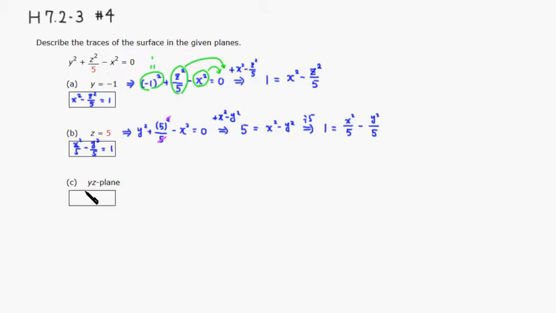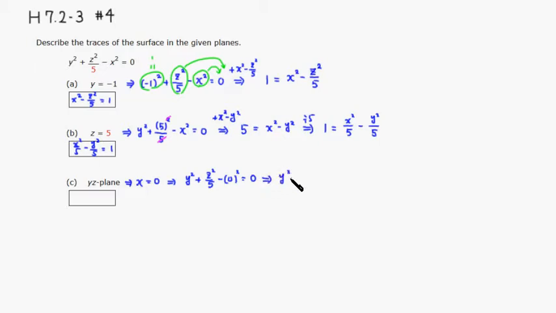Now the yz plane means that x equals 0. If you plug it in, you're going to get y squared plus z squared over 5 minus 0 squared is equal to 0. This is a kind of strange equation.